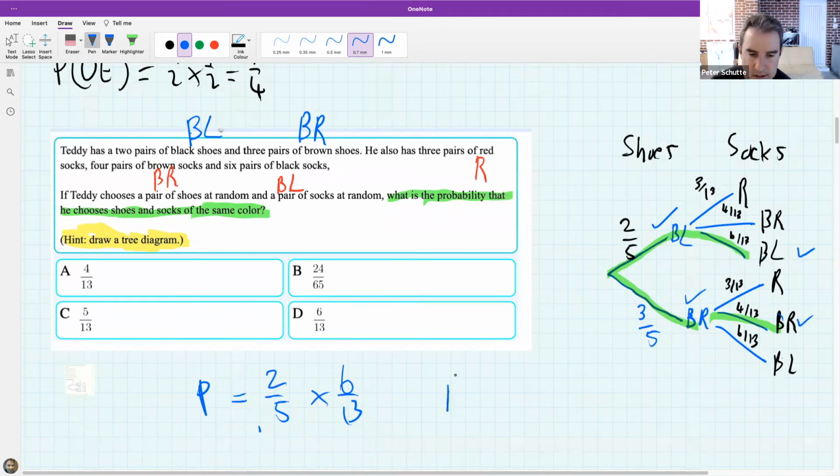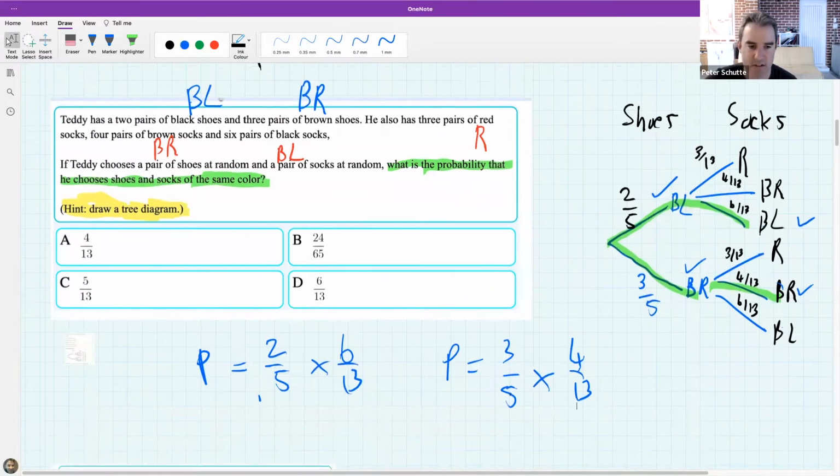For this branch over here, it's going to be 3/5, not 4, times 4/13. And now what I need to do is add, because both these branches are possible, favorable outcomes, I need to add these together. And if I add them together, I'll get my final answer. So see if you can lock in your vote now.